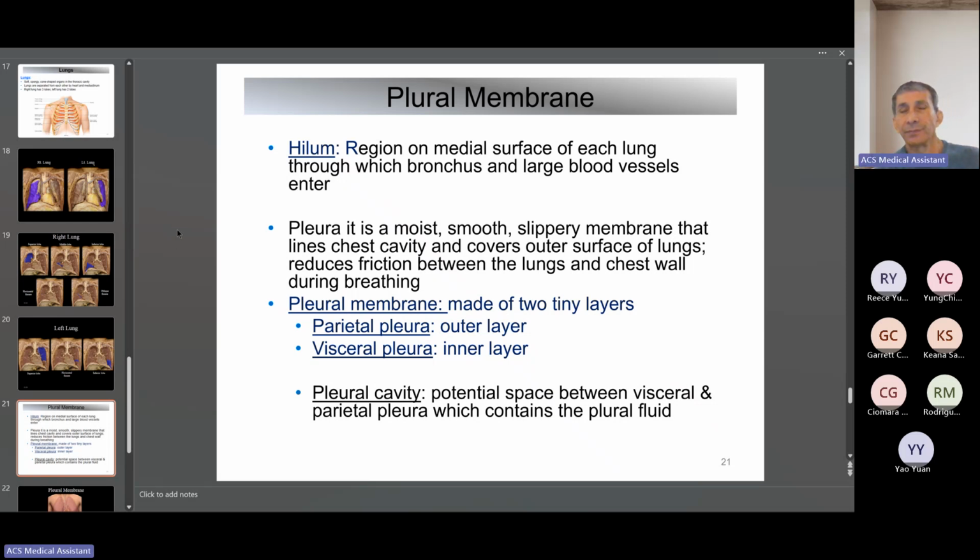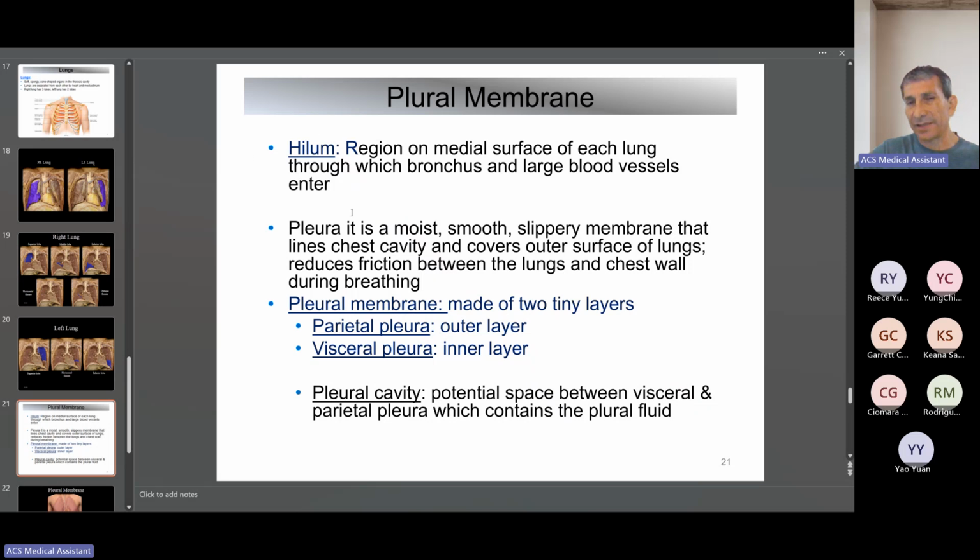Moving on, let's talk about now the membrane that makes up the lungs. Because remember, that's the membrane that inflates and deflates, expands and contracts. So let's talk about the membrane, and then we're going to talk about other structures, which is the halo.